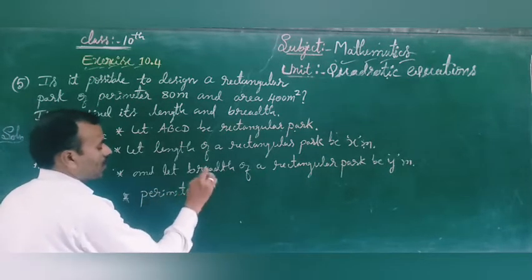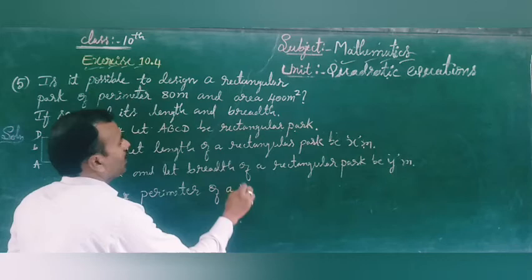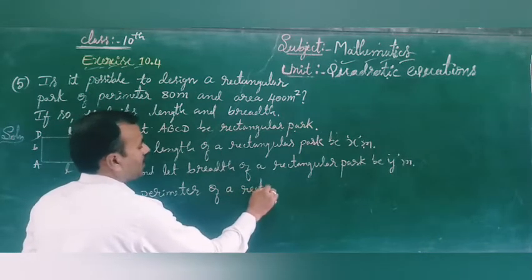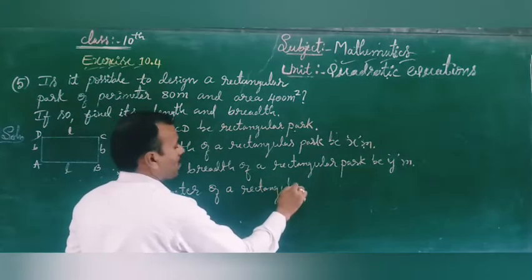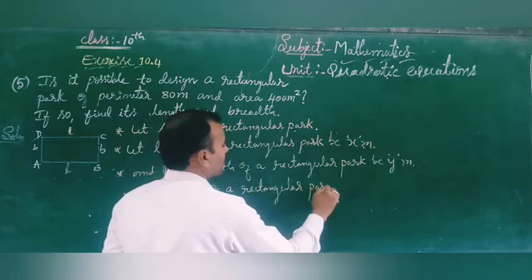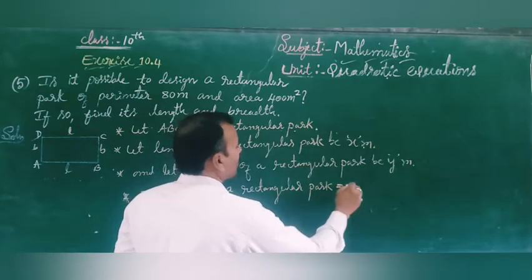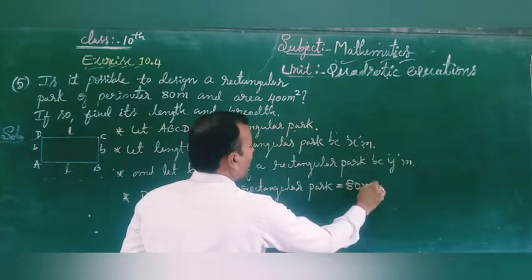Perimeter of a rectangular form equals 80 meter.